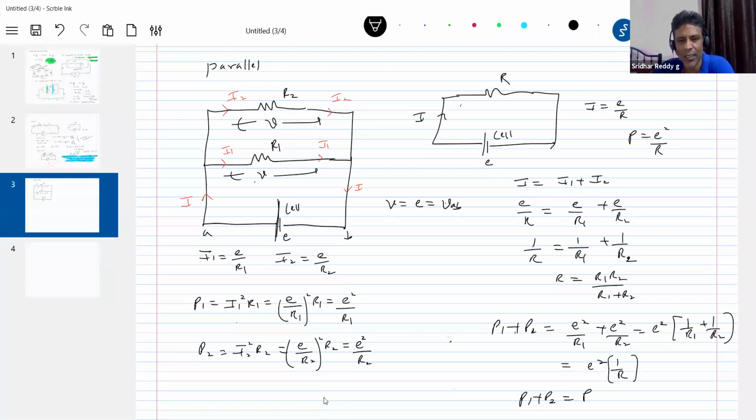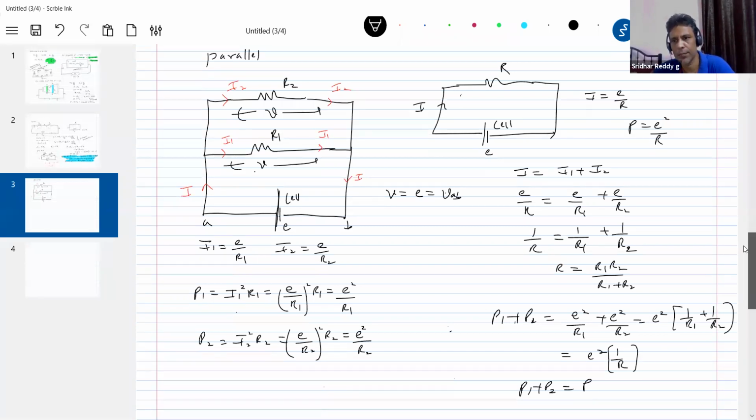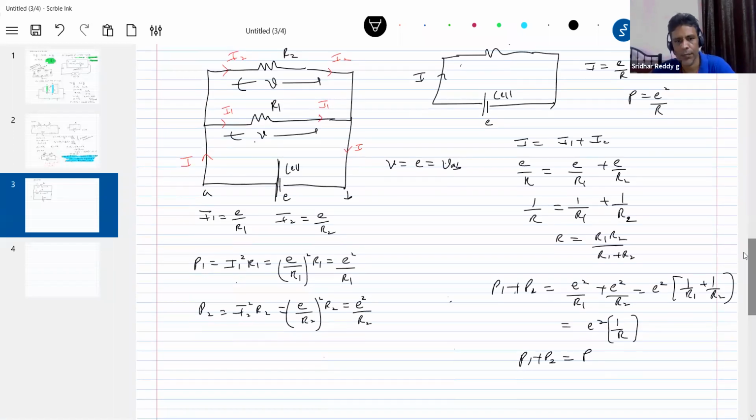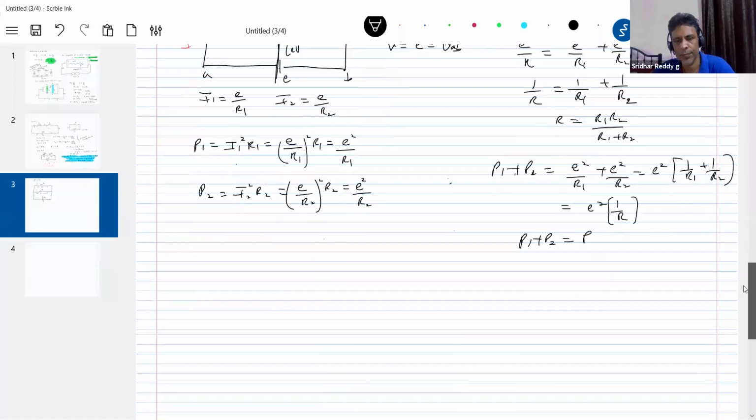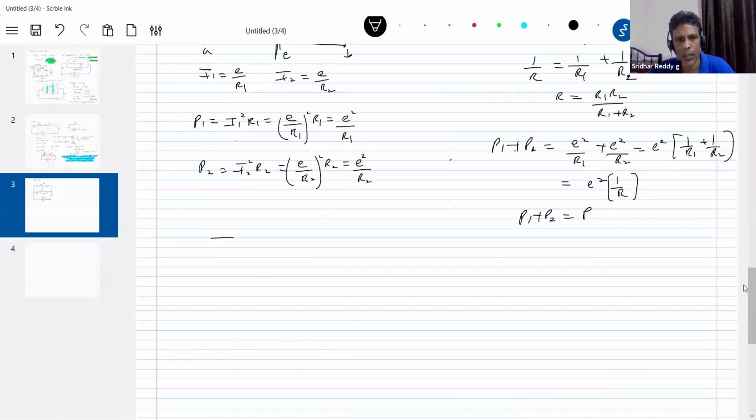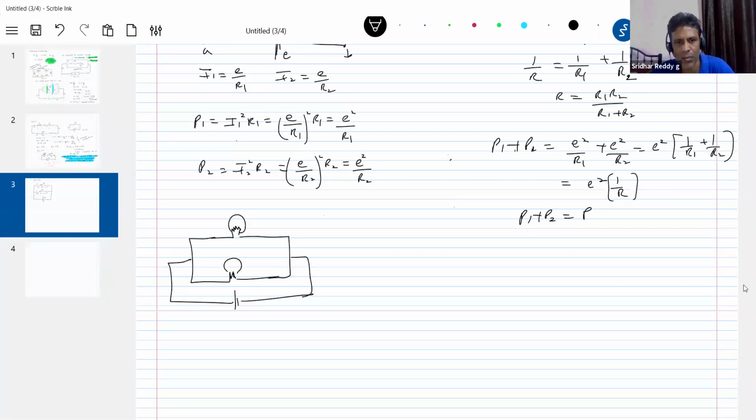If R1 is greater than R2, let me take the bulb concept. When you discuss series and parallel, the same idea you put for this one.